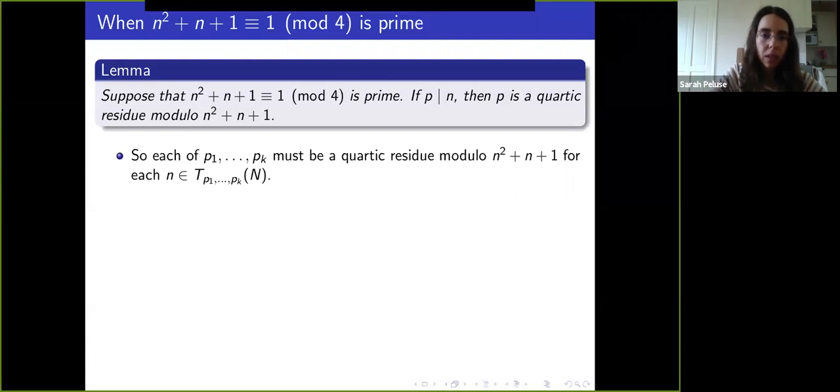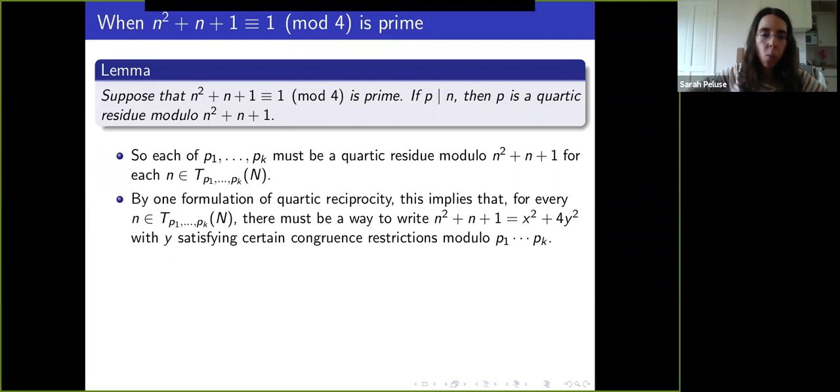So how do we use this? Well, one version of quartic reciprocity then says that for each of p1 up to pk to be quartic residues modulo n squared plus n plus 1, we have to be able to write n squared plus n plus 1 as the sum of 2 squares, satisfying certain congruence restrictions modulo the primes p1 up to pk. Right, so we're basically counting the number of primes of special form that can be represented by this quadratic form with some congruence restrictions.